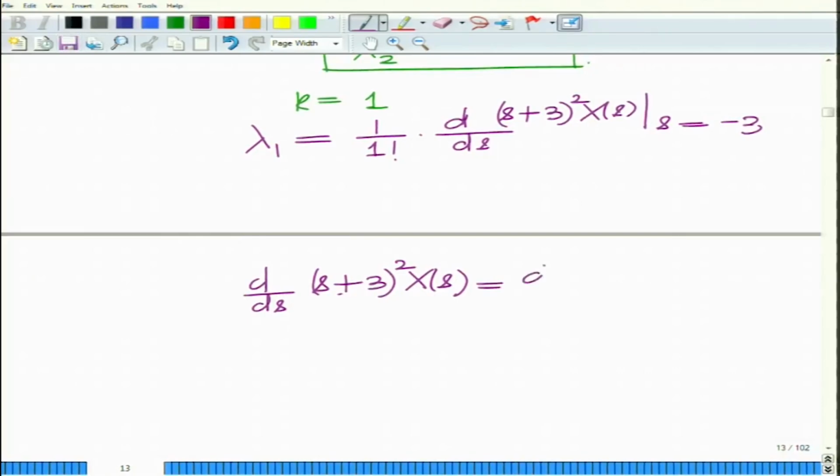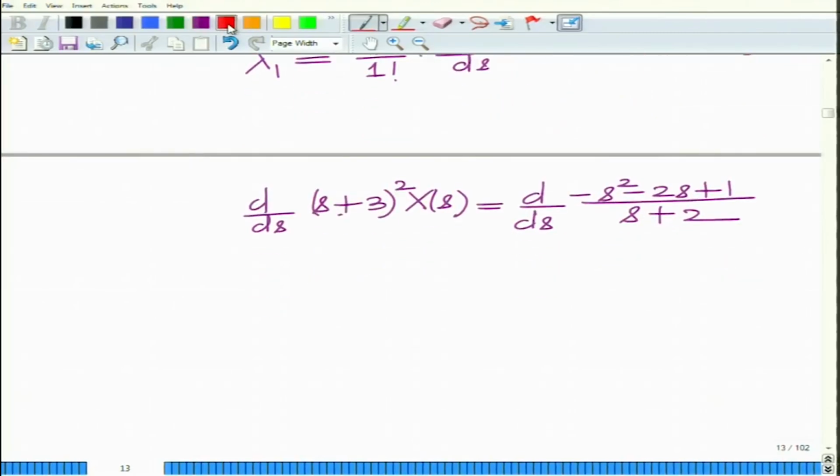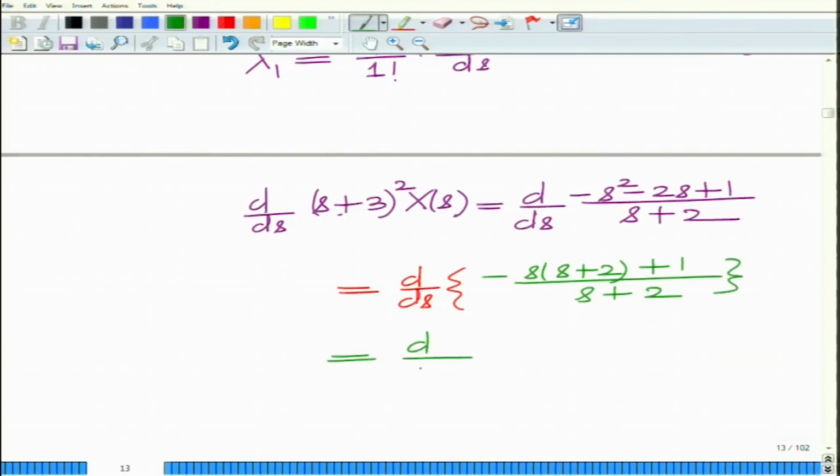This quantity is the derivative of minus s square minus 2s plus 1 divided by s plus 2, which you can simplify as minus s into (s plus 2) plus 1 over s plus 2, which is the derivative of minus s plus 1 over s plus 2.